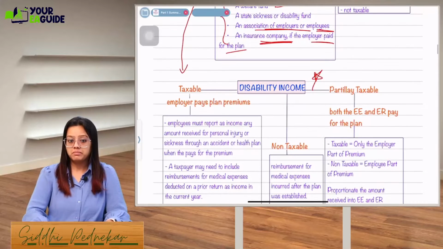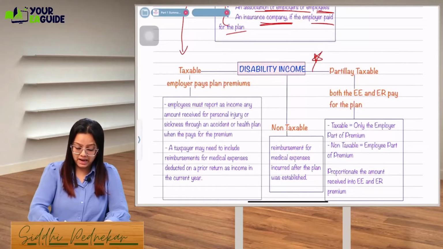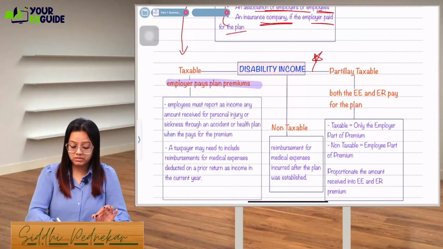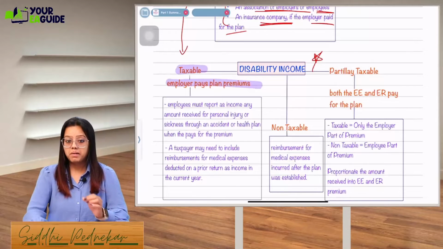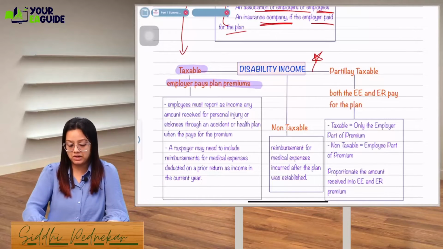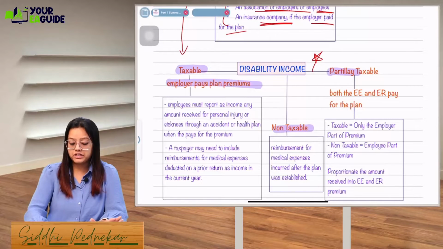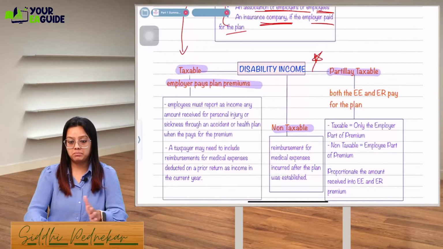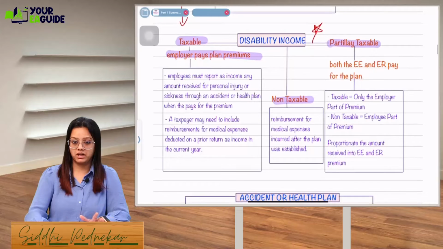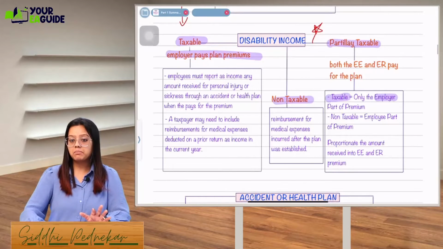If the employer is paying the plan premium, then it will be taxable. But if the employer is not paying and the employee himself is paying the premium, then it is not taxable. And if it is partially paid by both of them, then partially will be taxable. The taxable part will be only the employer part of the premium.